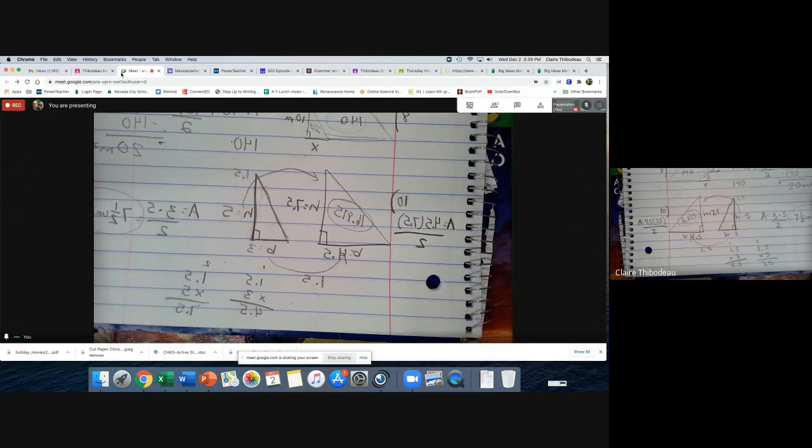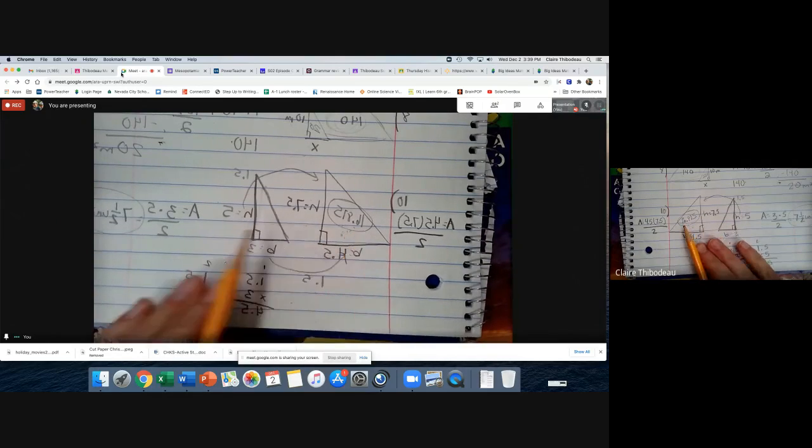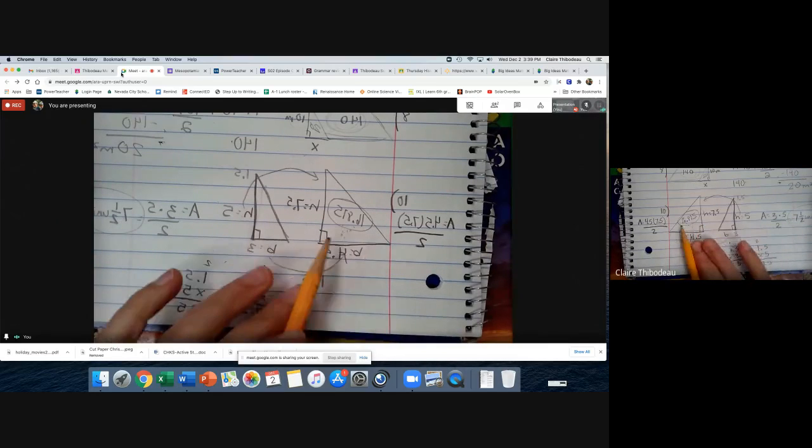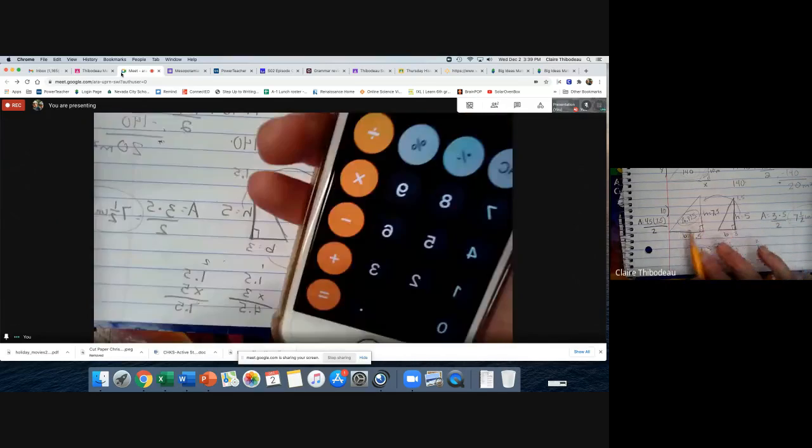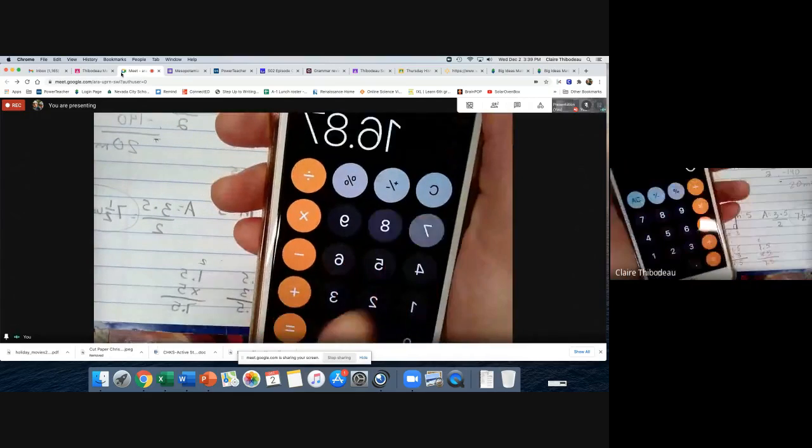Okay, so now if I go back to the question, it is saying how many times greater is this triangle than this triangle? So what I have to do now is figure out 16.875.